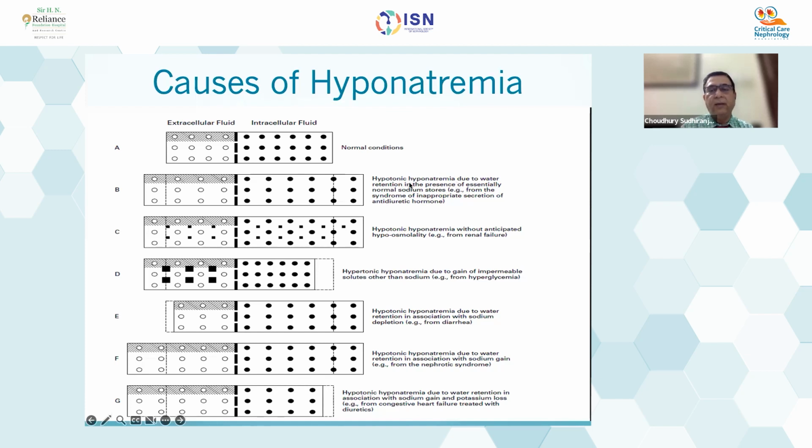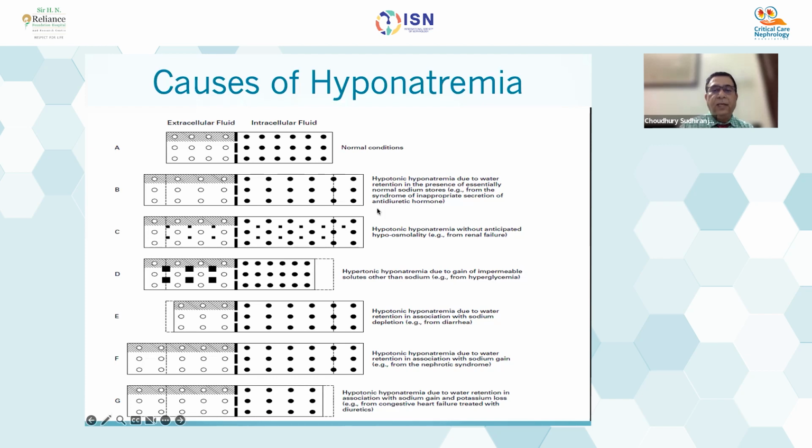True hyponatremia is when water retention happens, which expands both the extracellular fluid as well as the intracellular fluid, though there will be no change in the cations in the intracellular or extracellular fluid.